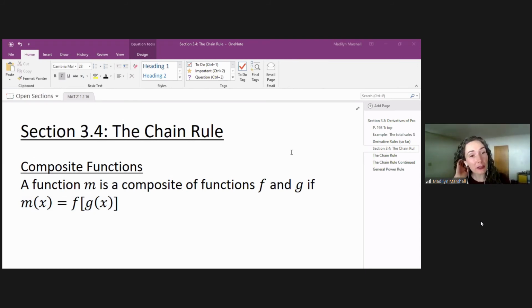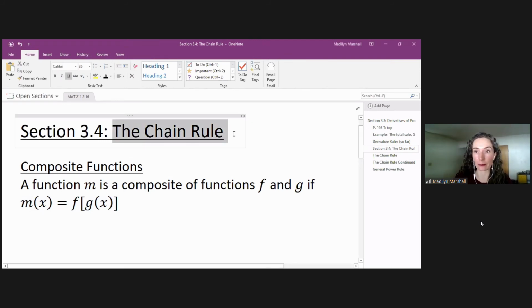So we did review of compositions of functions in chapter 1 when we were doing our algebra review to get ready for calculus. And so composite functions are what we use the chain rule for.